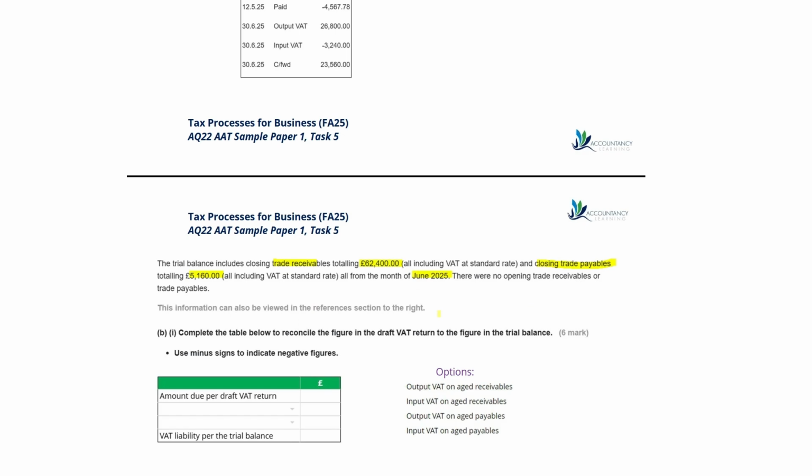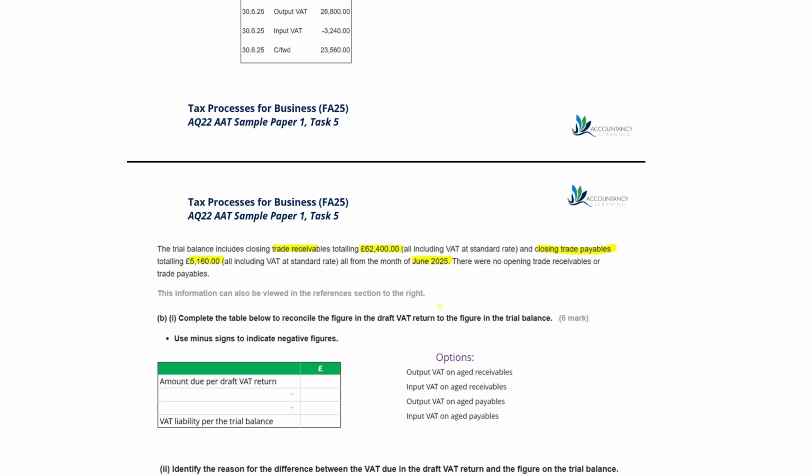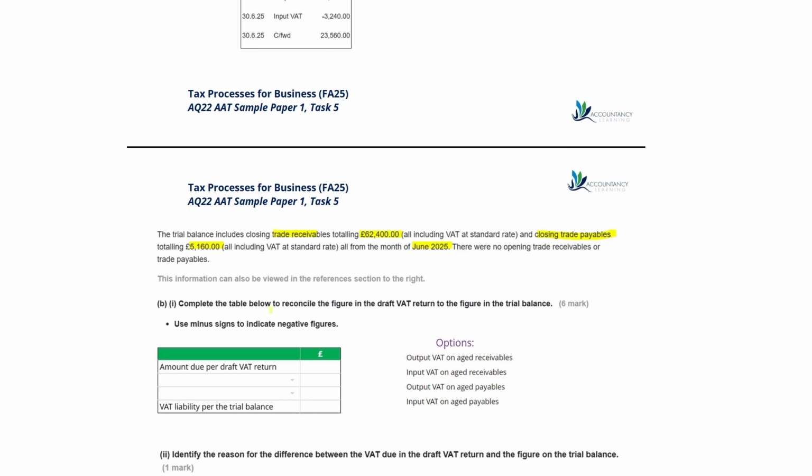There were no opening trade receivables or trade payables. So now we need to complete this table to reconcile the figure in the draft VAT return to the figure in the TB. And we're told to use minus signs to indicate any negative figures. These drop-down boxes here have got these options in them.